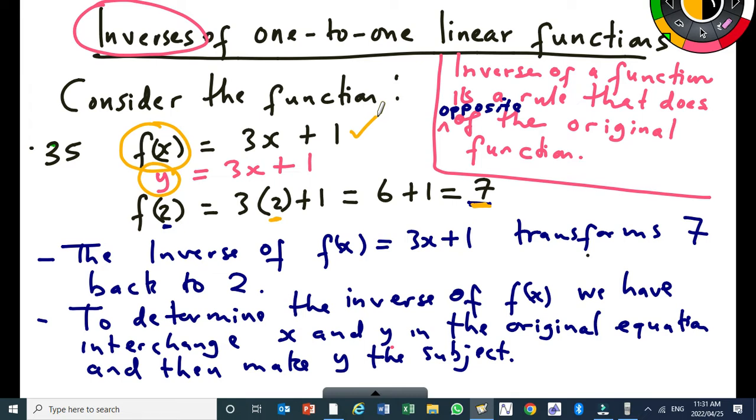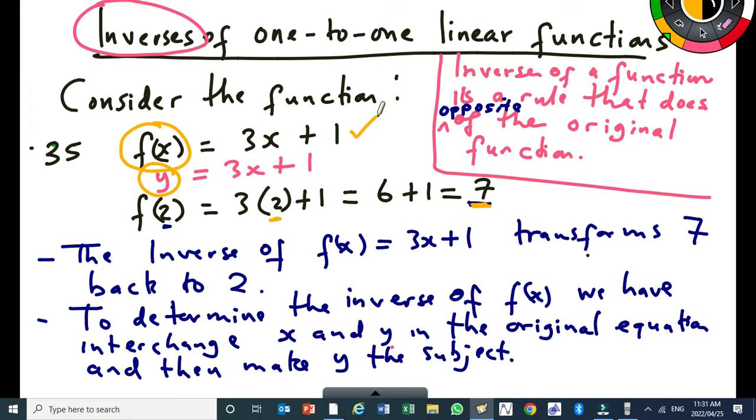So consider the function f of x equal to 3x plus 1. That's the linear function. Now, when you are dealing with inverses, always if you want to find the inverse, you replace the function notation by y, which is something that you already know.